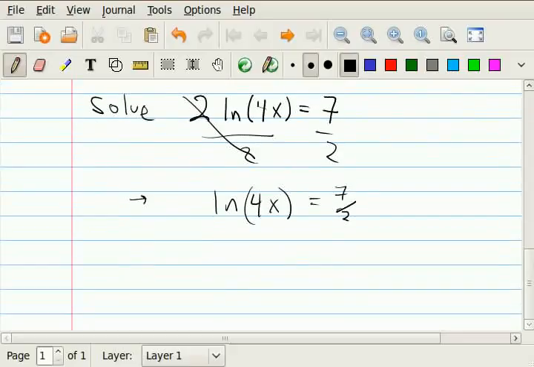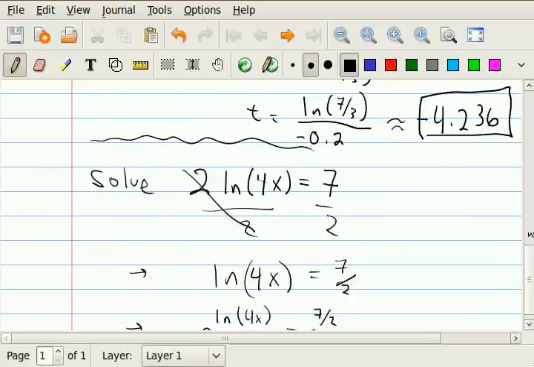Well, now we can use the rule which says that if I take both sides and raise them to a power base e, the left side is going to simplify quite a bit. So if these two things are equal, there's certainly no problem raising them both to the power base e, and they should be equal. But e to the power natural log of 4x is just 4x.